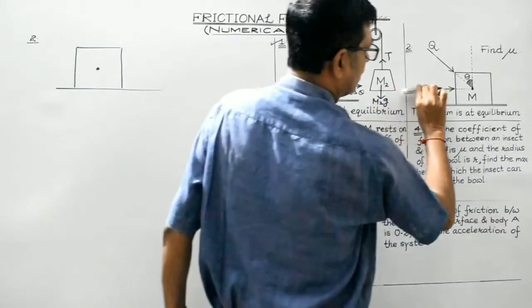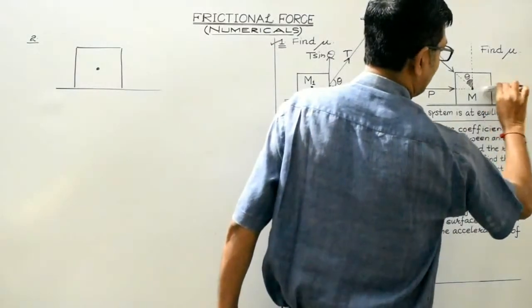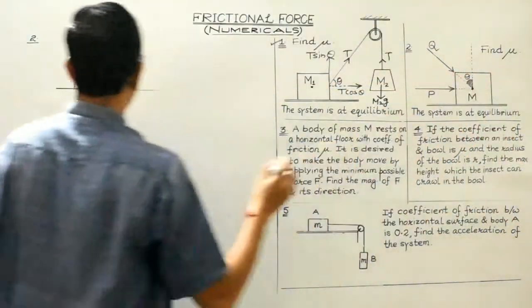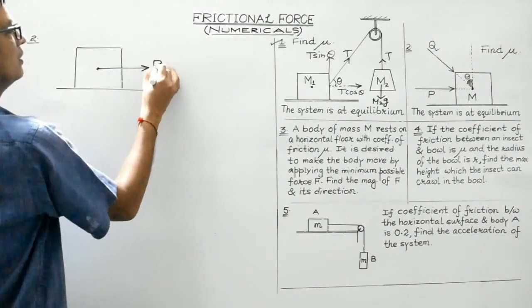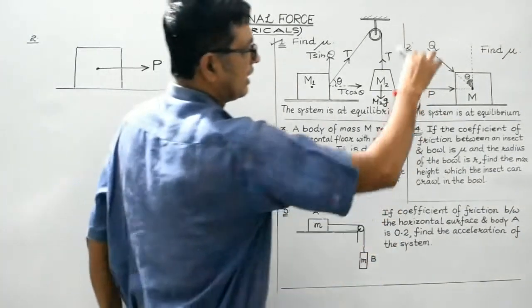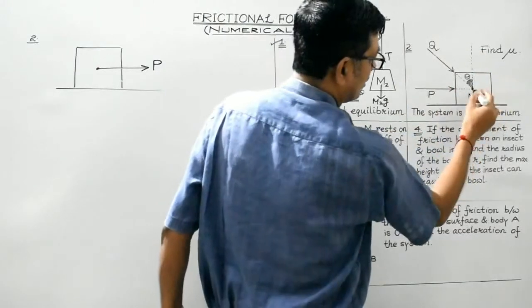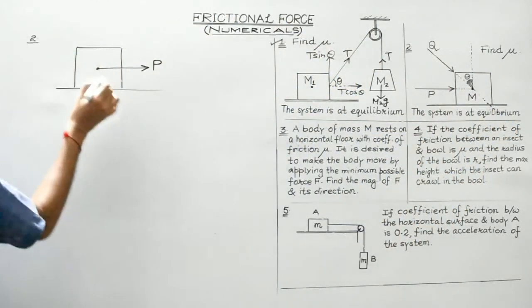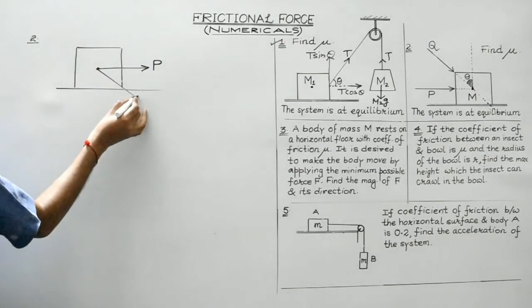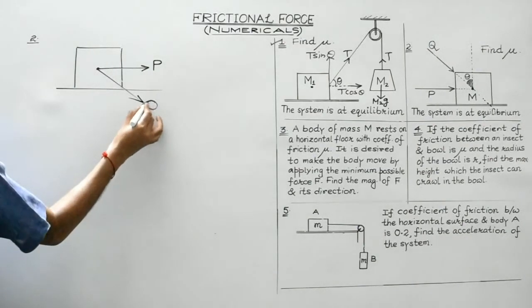This is the force P. It is acting along this direction, towards right. This is force P. Q is acting along this direction, like this. So, this is force Q, acting along this direction.